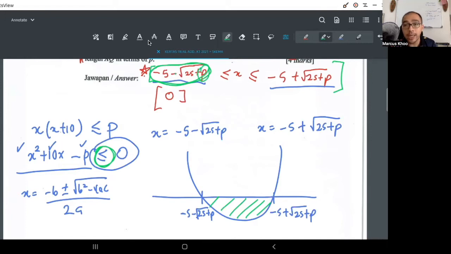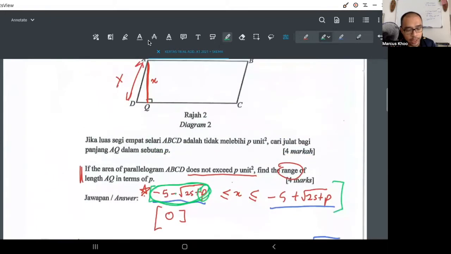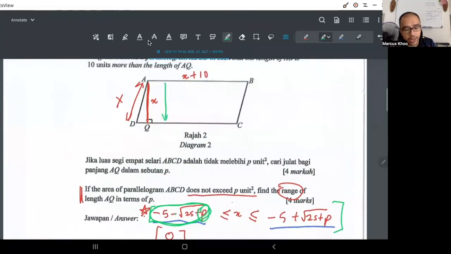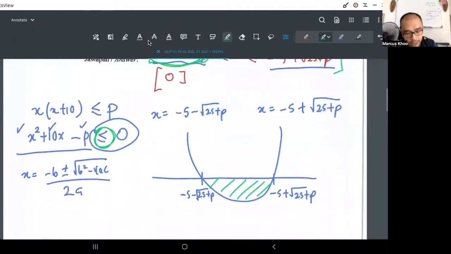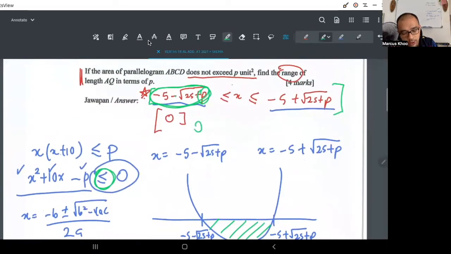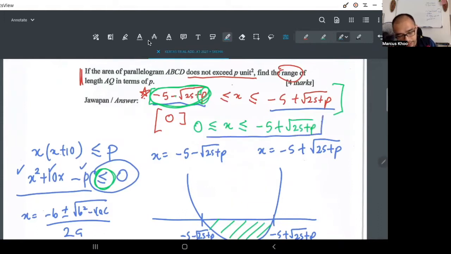So we cannot accept a negative number, because how can your x value be a negative number? It has to be a positive number. So the right answer for this would be 0 is less than x is less than negative 5 plus square root 25 plus P. So this would be the actual answer.